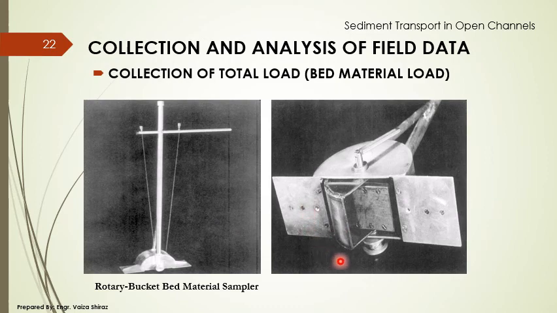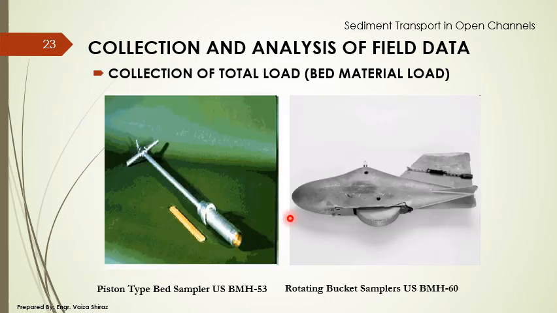This figure shows the configuration of different components at the base. Also for the collection of the bed material load, a piston type bed sampler and a rotating bucket sampler can be used.